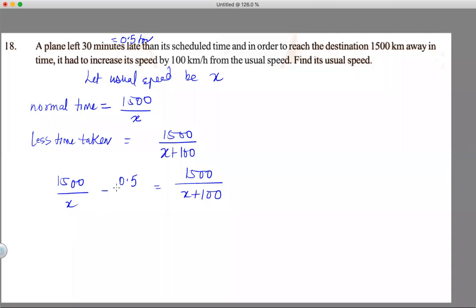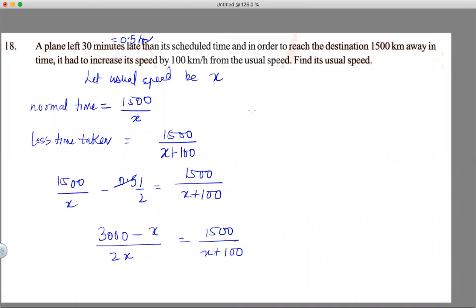Okay. So let's do that. इसको मैं half लिख लेता हूँ, just so that I don't have to deal with decimals. Okay, and now let's do that. 3000 minus x upon 2x is equal to 1500 plus.